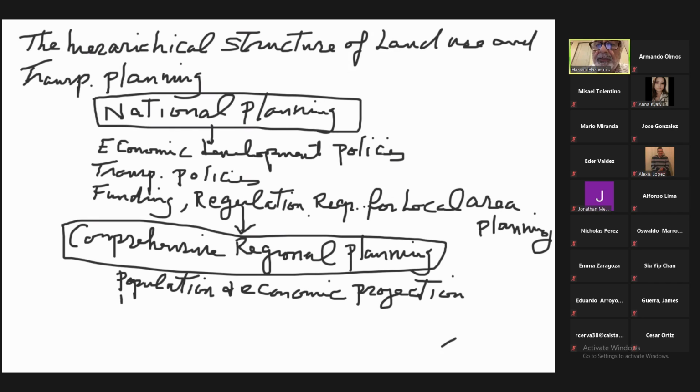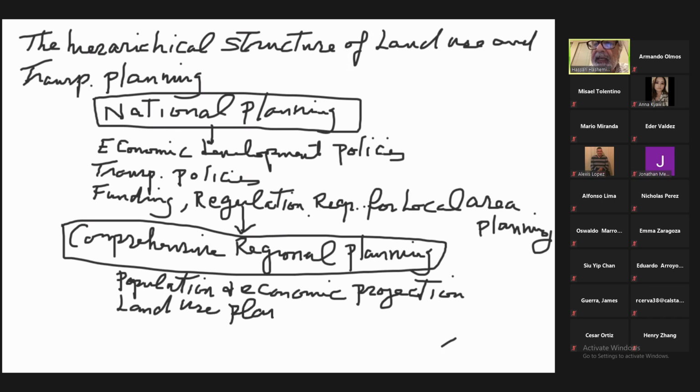They look at the land use map or the land use plans. What is going to be the plan in the whole California? Obviously, some area will be agriculture, some will be urban areas, and so on. And overall they look at what is the transportation requirement. So they plan that.